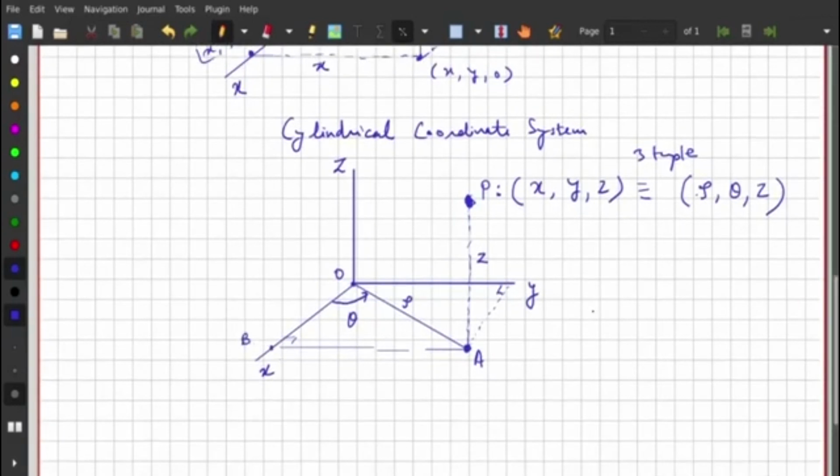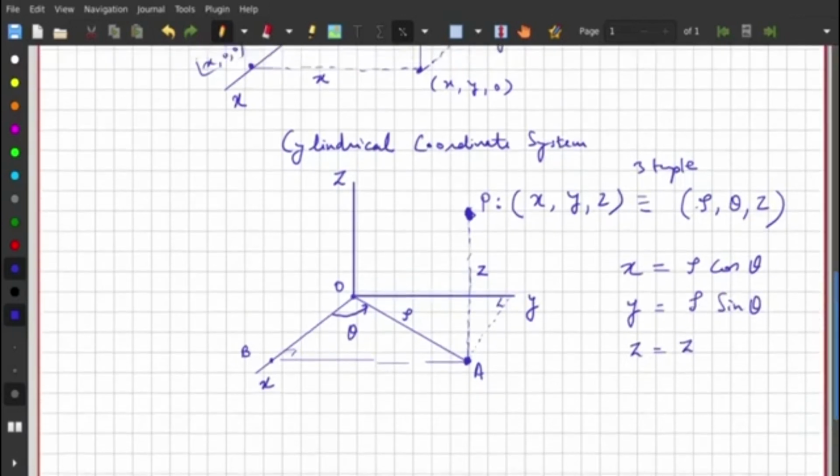we can write the relationship between the Cartesian and the cylindrical coordinates. If you see properly, the x coordinate is rho cosine theta, the y coordinate is rho sine theta, and the z coordinate stays as it is, because in that direction it's the same as the Cartesian.